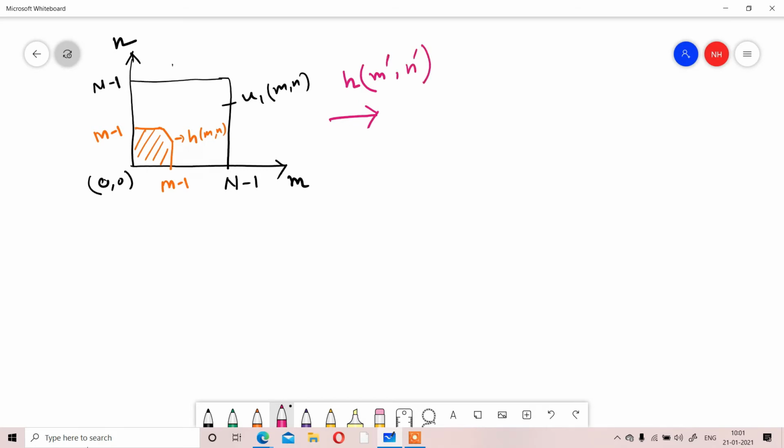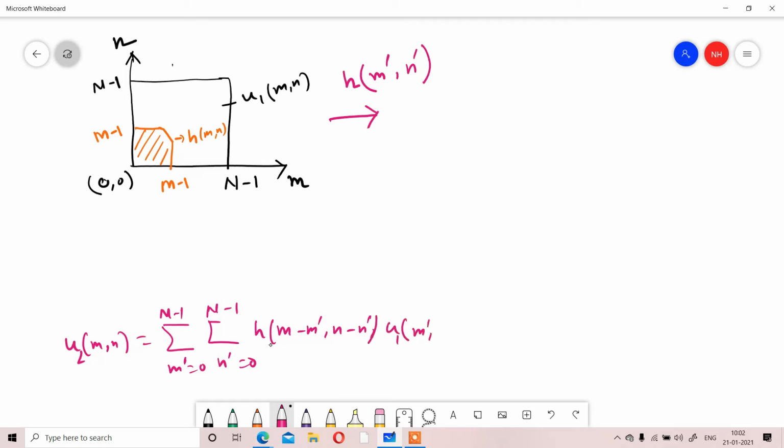First, as you can see, our equation was u2(m, n) equal to the summation of m' equal to 0 to N minus 1, n' equal to 0 to N minus 1, h(m minus m', n minus n') u1(m', n').